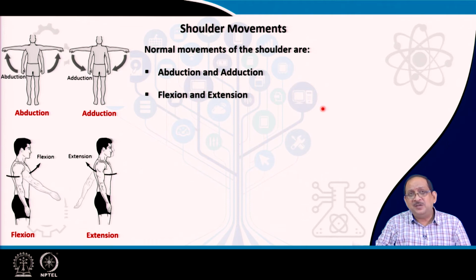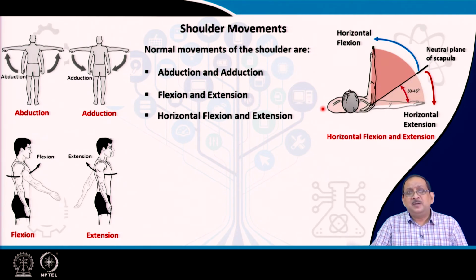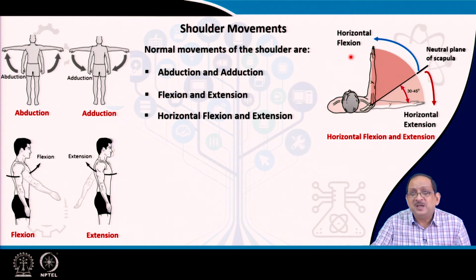Flexion and extension is moving your hand forward and backward. Forward is flexion and backward is extension. In the horizontal plane, the movements of flexion and extension can also be executed, so we say that the movements are horizontal flexion and horizontal extension.